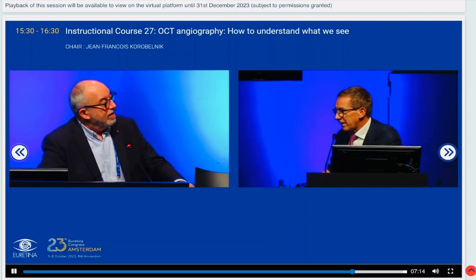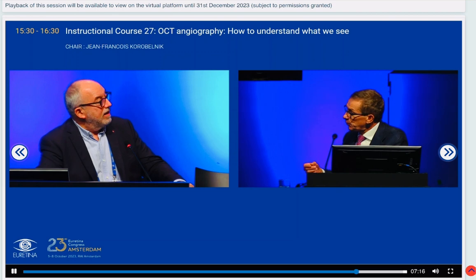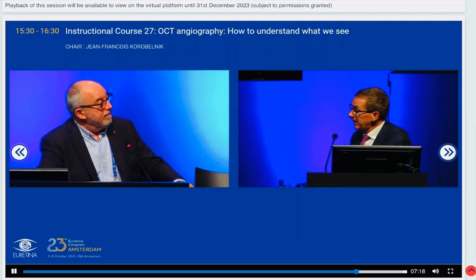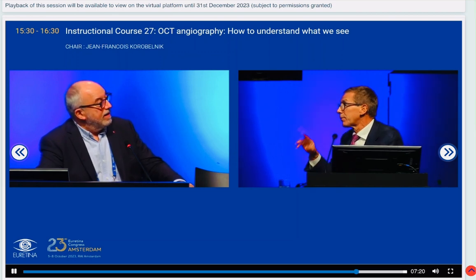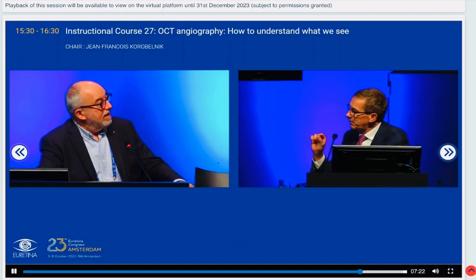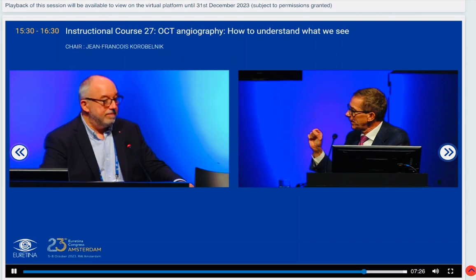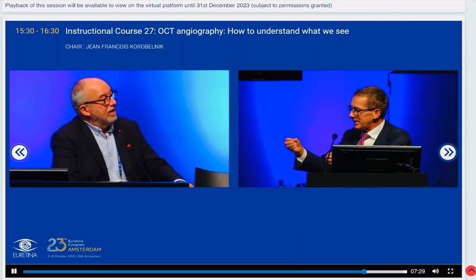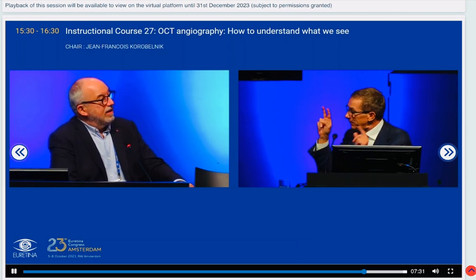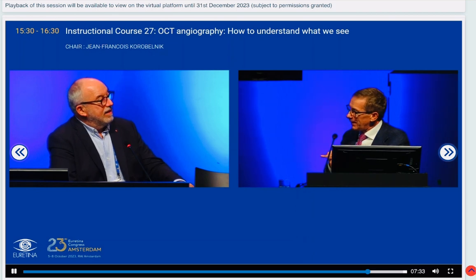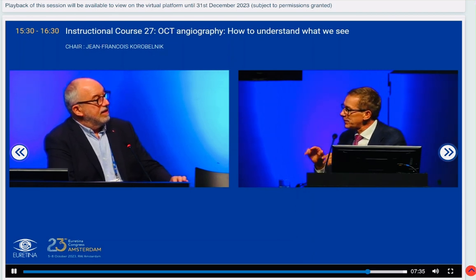Yeah, I think OCTA would be useful to identify the ischemic area or not perfused area. I like it better to call it not perfused, because remember that OCTA is showing not the anatomy, but whether in that moment the flow is sufficient to be detected.